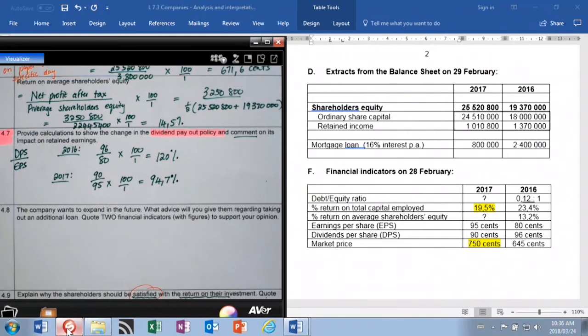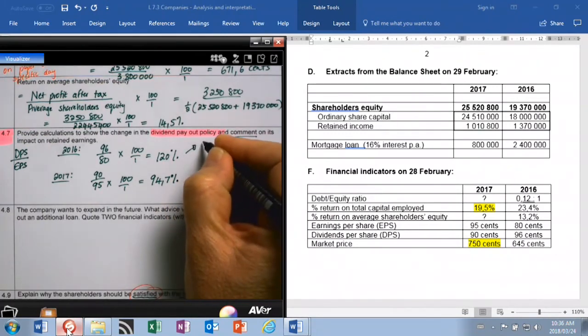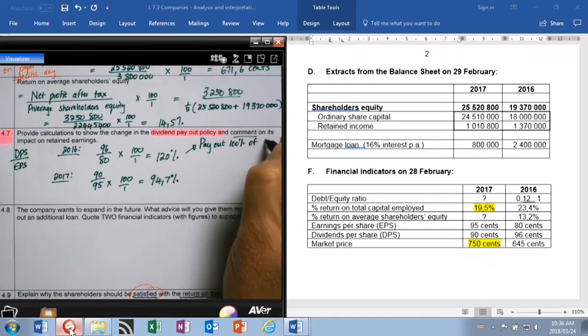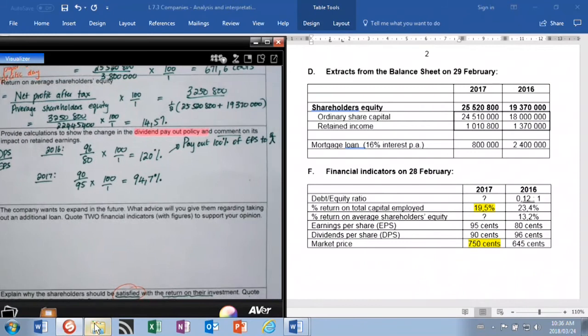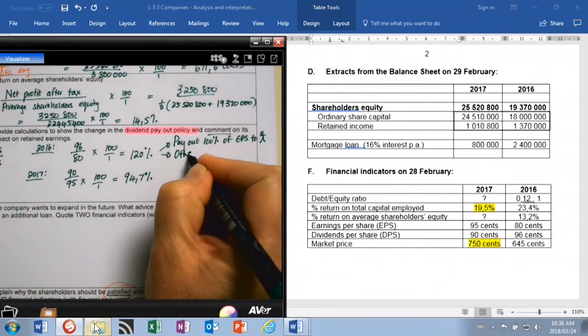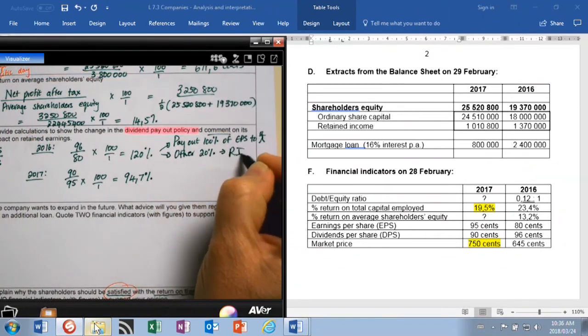Comment on this. The comment that we are going to say on this is that in 2016, 20% extra must have come from the retained income. So in this case, we pay out 100% of our earnings to the shareholders, and the other 20% must come from retained income.